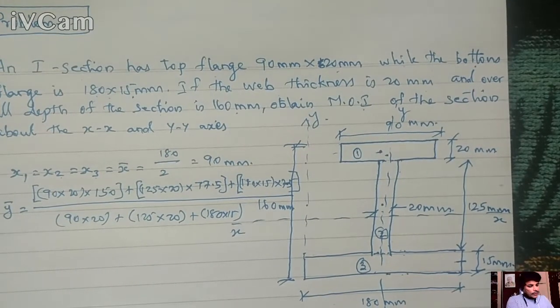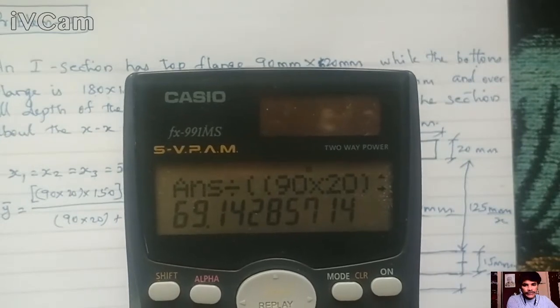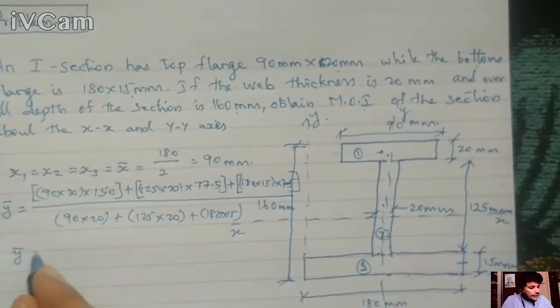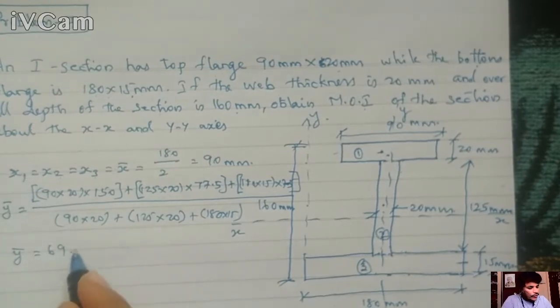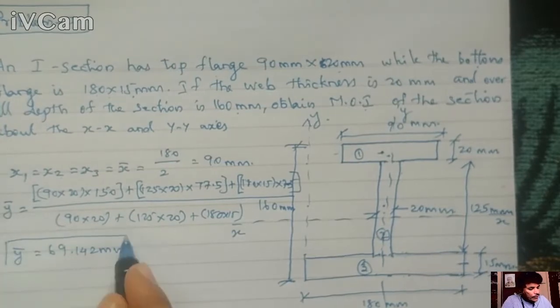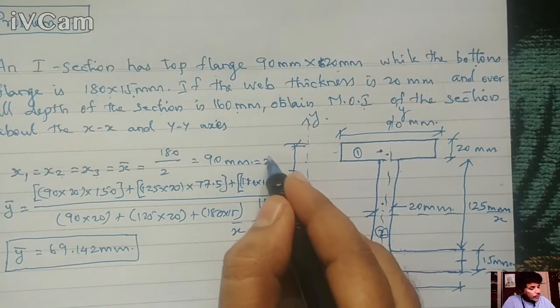So the y bar value, I calculated, comes around 69.142 mm. So y bar is equal to 69.142 mm. So this is y bar and this is x bar.